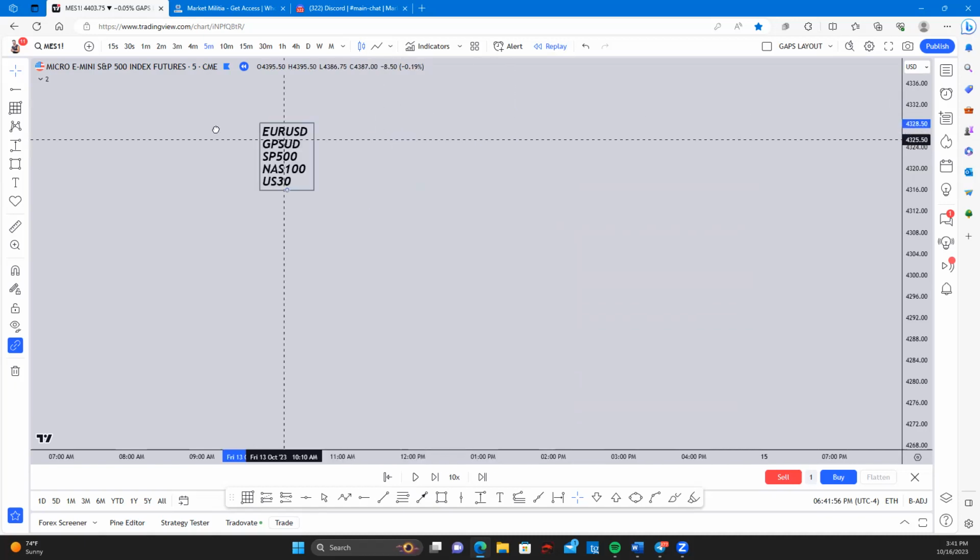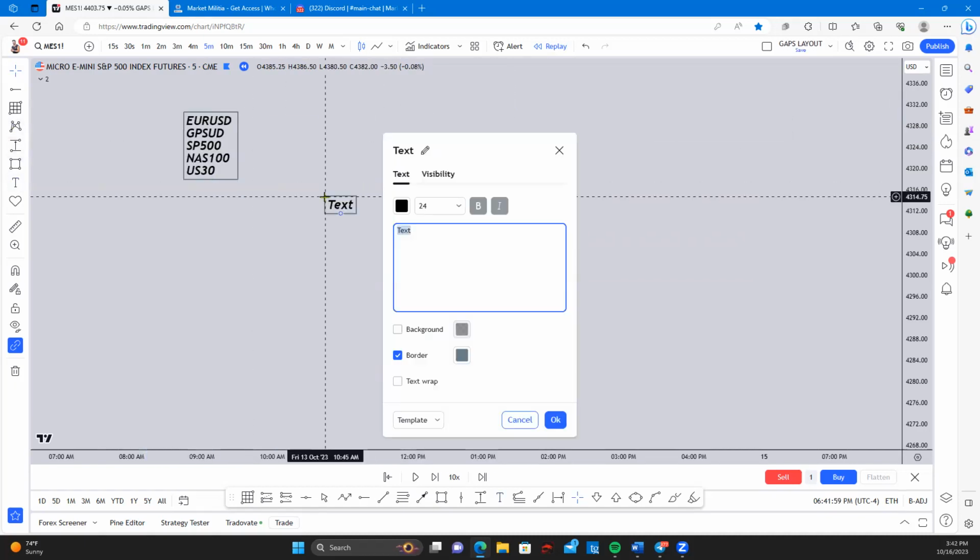What we're going to do is wait for price to enter a 5-minute fair value gap. Then you can drop down to the 1 minute, 30-second, or 15-second time frame.